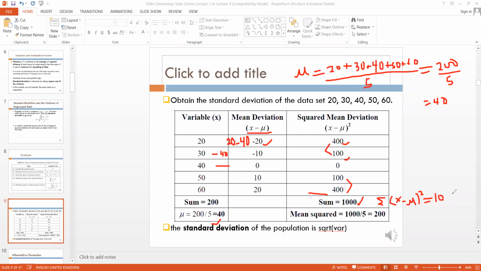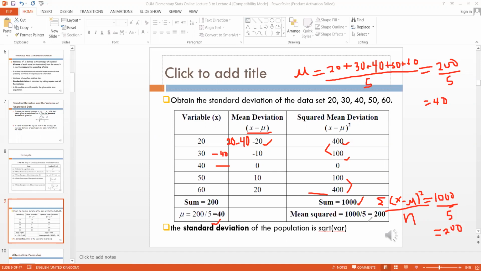So to obtain the standard deviation, first you find the variance, so we divide by n. Our n here is 5. So 1,000 over 5 will be 200.